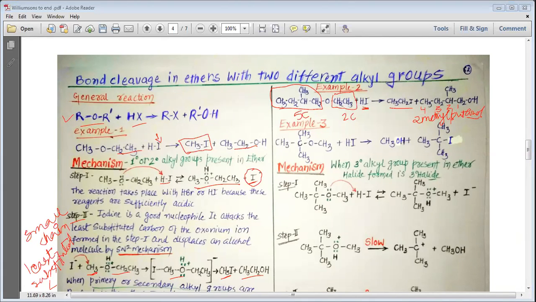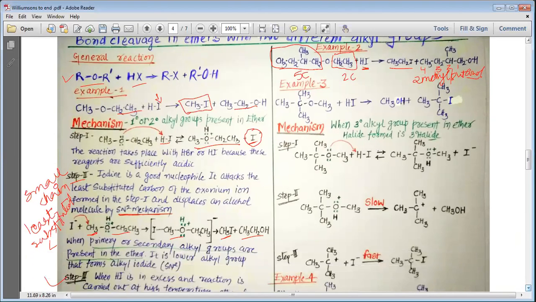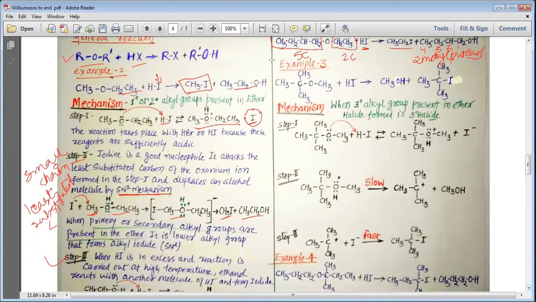Now we'll look into the third example. Here we have the tertiary group, and this is the primary group, the least substituted group.